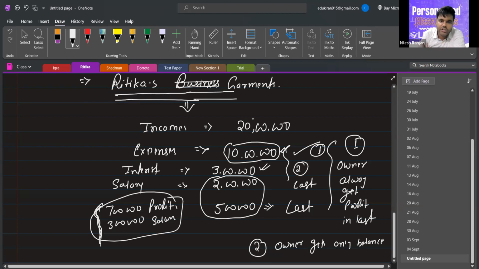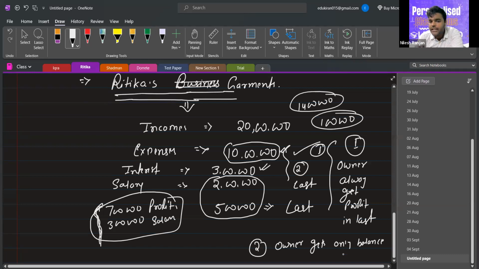Let's say this is not 20 lakh, it is only 14 lakh. So you will receive only 1 lakh because this is left. Yes, sir. So owner gets only balance amount after payment of all the expenses.